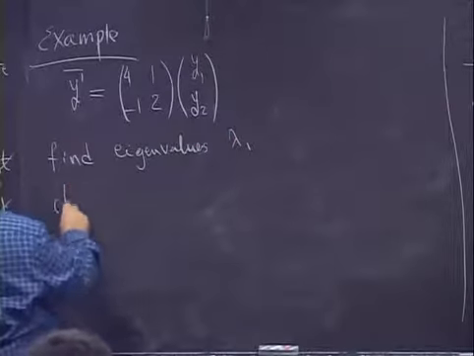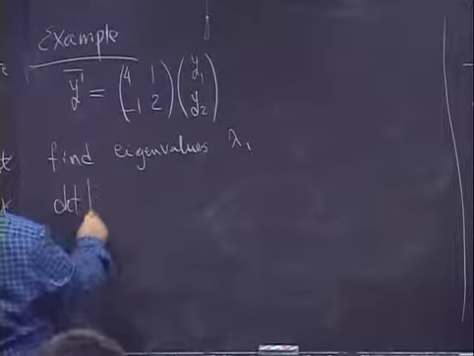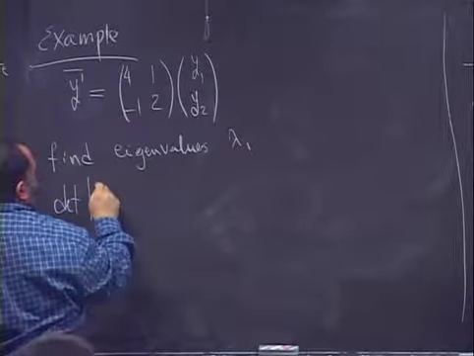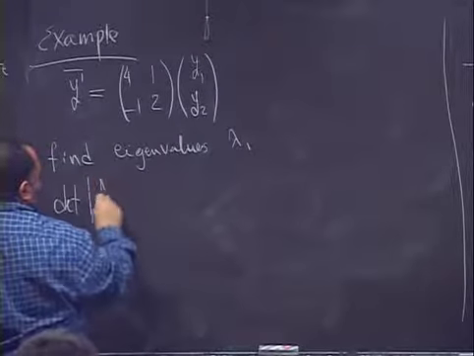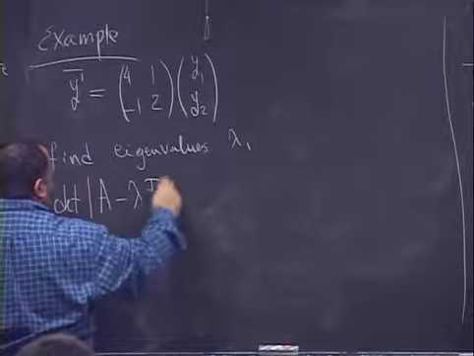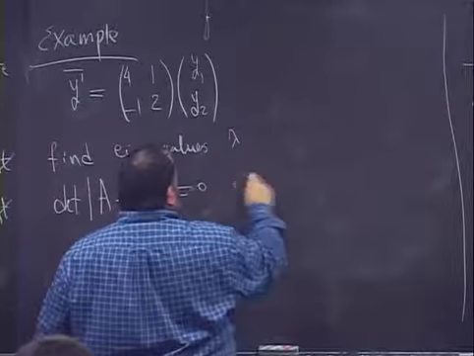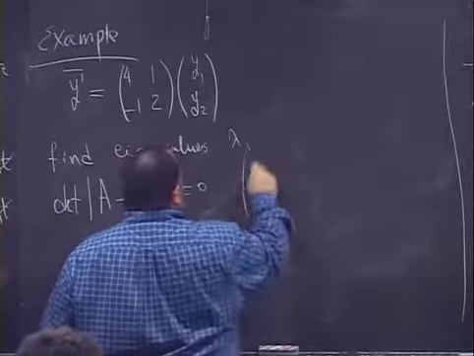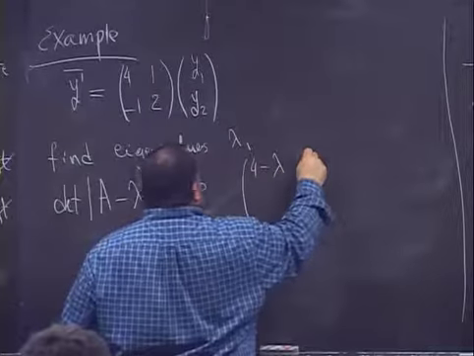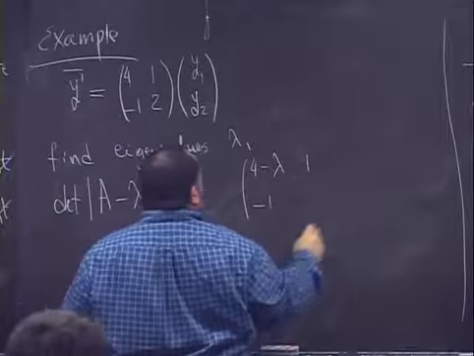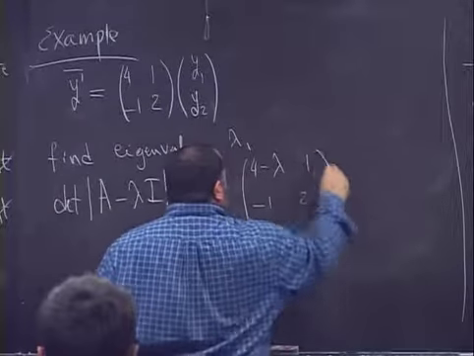How we will determine this? So this is the determinant of what? 4 minus lambda, 1, minus 1, 2 minus lambda, equal to 0, and this will be what? 4 minus lambda times 2 minus lambda, plus 1.